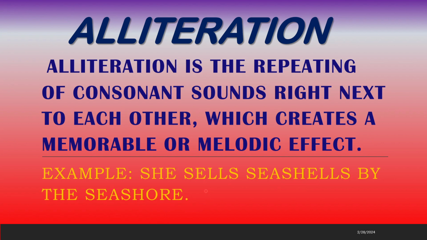These all words are repeating. So this will become alliteration. She sells seashells and seashore will become alliteration. So just remember, alliteration means repetition of alphabets. A for alliteration, A for repetition of alphabets. Let's move further.